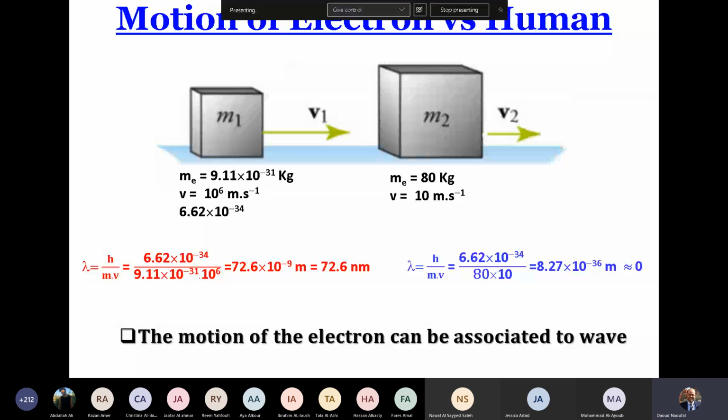We pass after to the description of the light. We said that the light is an electromagnetic radiation characterized by a speed, characterized by a wavelength lambda and the frequency nu, where nu is related to lambda: nu equals c over lambda.